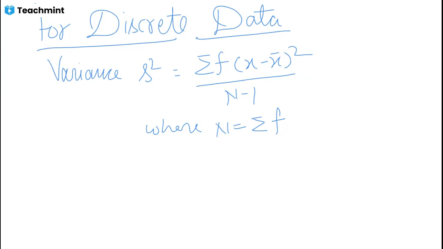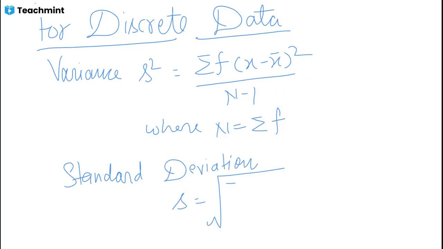Okay, and similarly standard deviation S is equal to square root of summation f into (x minus x bar) whole square over n minus 1.